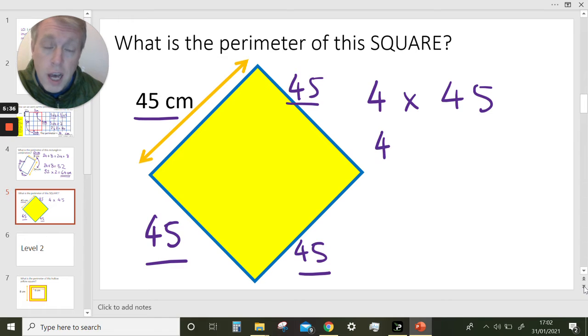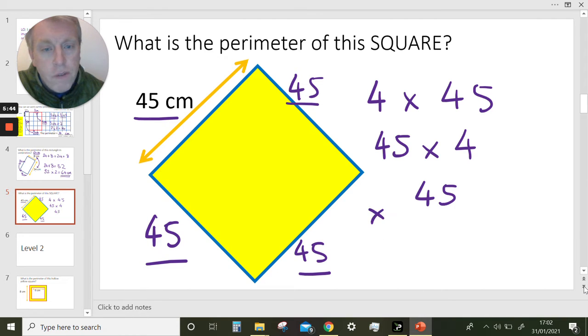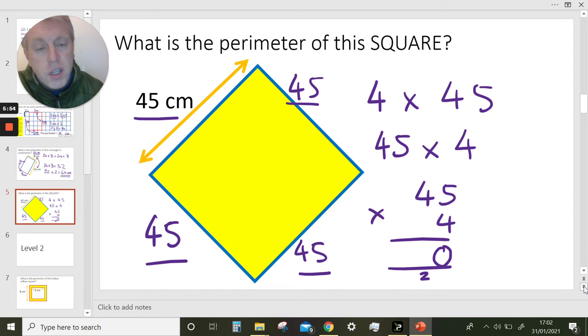Or, of course, I've got the number 45 4 times. So, 45 times 4, well, there are different ways we could work it out, but I'll use my column method because that's good practice. 5 times 4 is 20, 4 times 4 is 16, add the 2 tens, so not 16 tens, but 18 tens. The perimeter of this square is 180 centimetres.